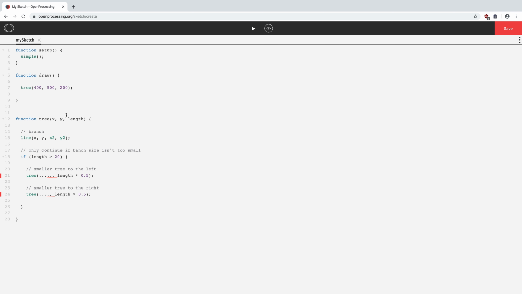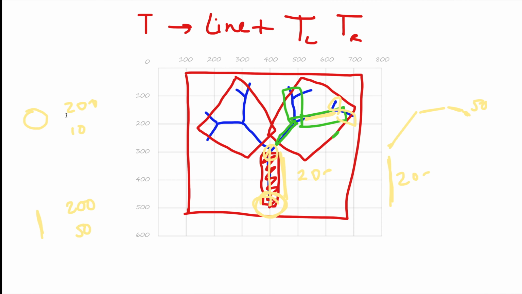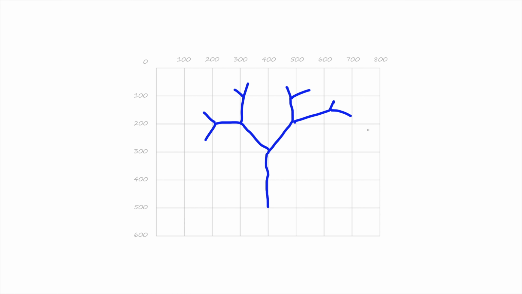Let's think about that with a drawing. Okay, so we've got x and y, and we want to know what this point is, the end of the line. So the start is x, y, the end has to be, let's call it for now x2, y2.